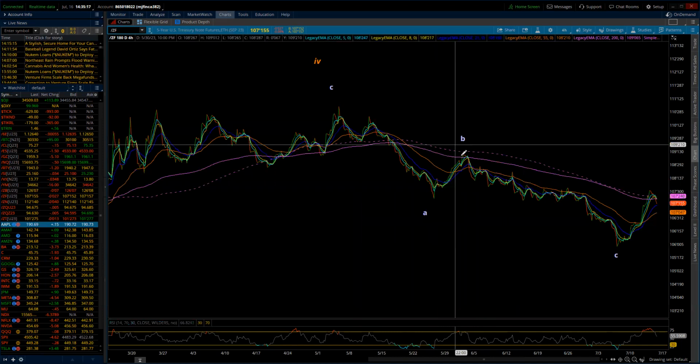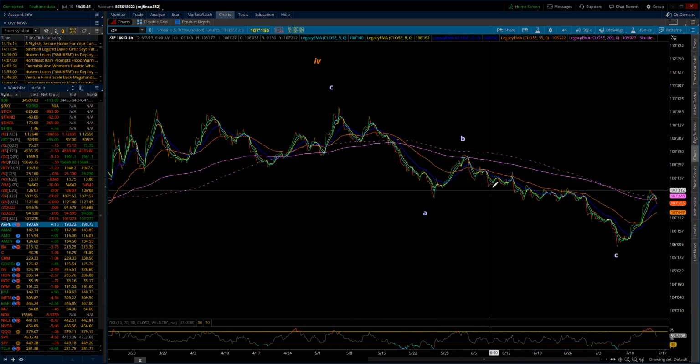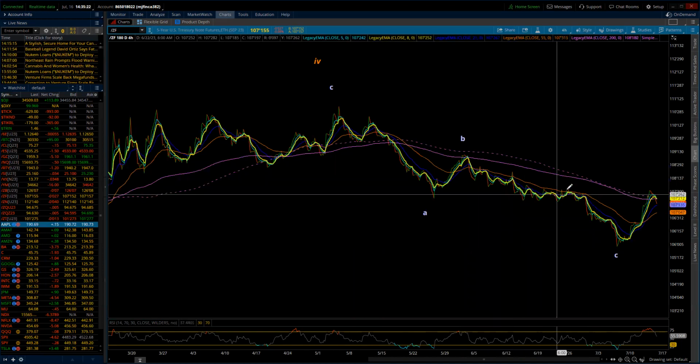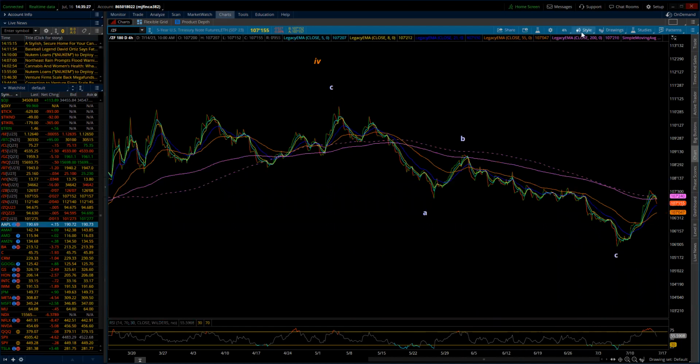So if I go 1, 2, 3, 4, and then we're working on the 5th wave, 1, 2, 1, 2, 1, 2. A lot of 3s. So it is a confusing picture. I'm going to drop off on that one real quick and go over to the 2-year note.